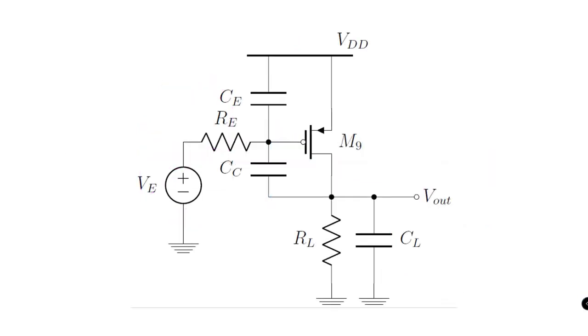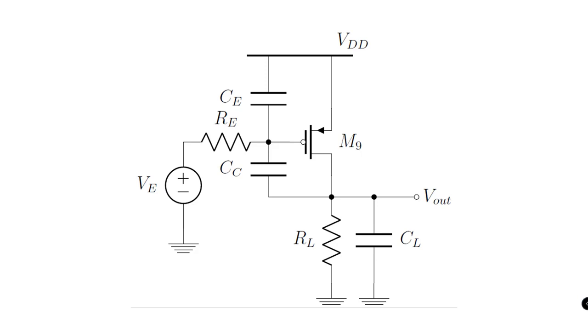So this is the circuit topology that results after the above mentioned replacement, where the second stage is replaced with a PMOS CS amplifier, and the Miller capacitor Cc couples the input and the output node of the second stage.